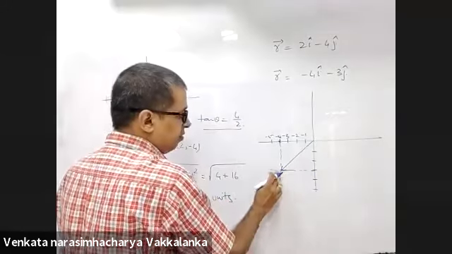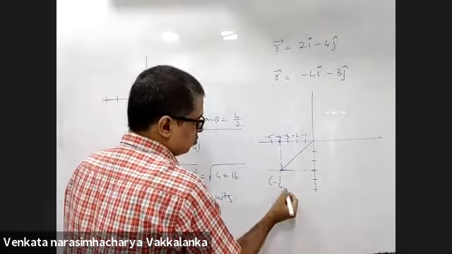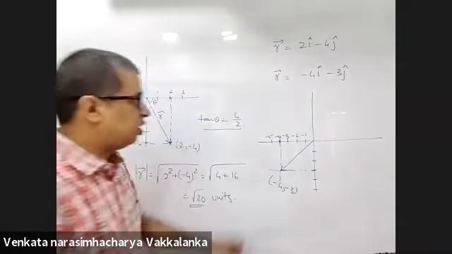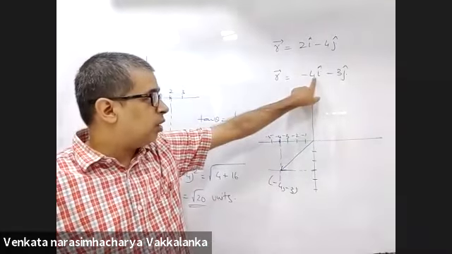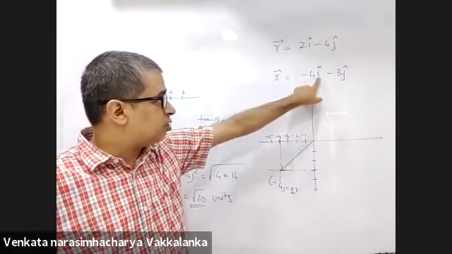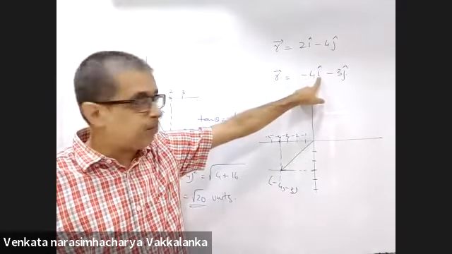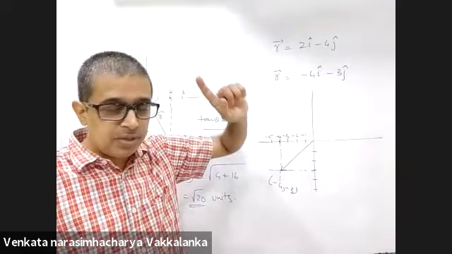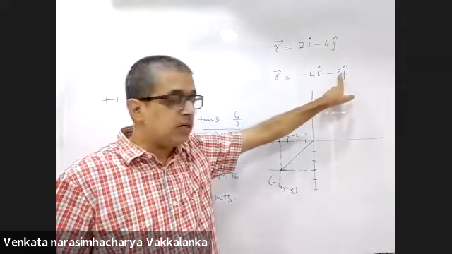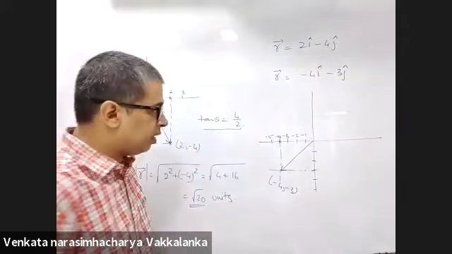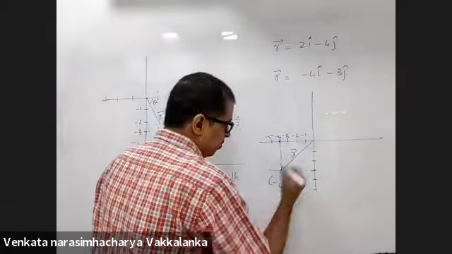This is the head of the vector: minus 4, comma, minus 3. Minus 4, you are taking on x-axis because it is with the i cap. Coefficient of i cap will be the x coordinate. Coefficient of j cap will be the y coordinate. This will be the vector.